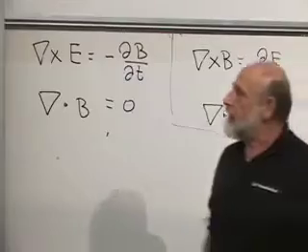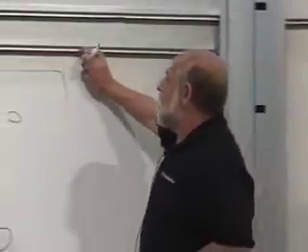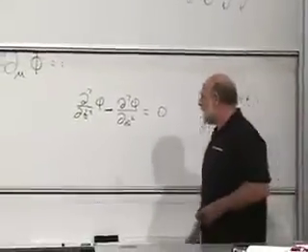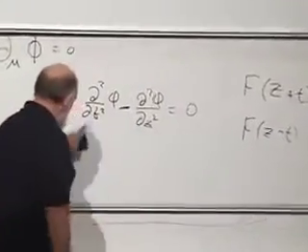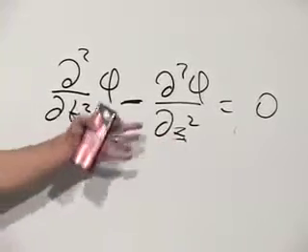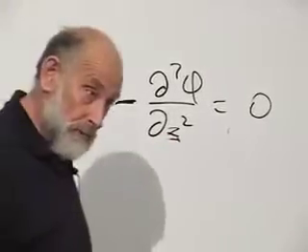Now if we go back, we had the wave equation someplace here. There it is. The wave equation is an equation with second derivatives. Second derivatives mean you differentiate twice.